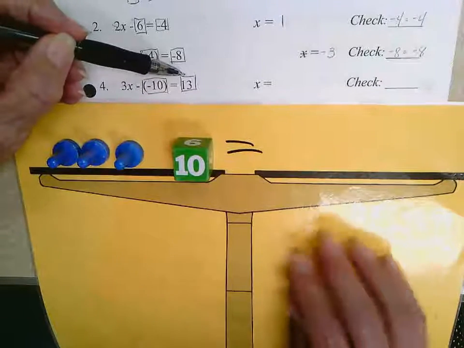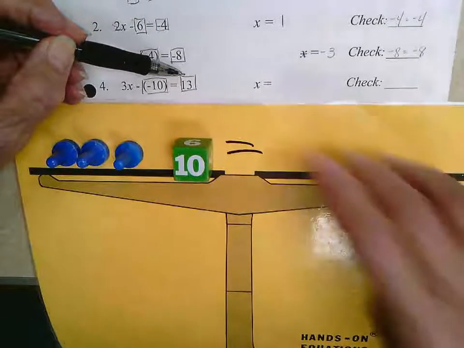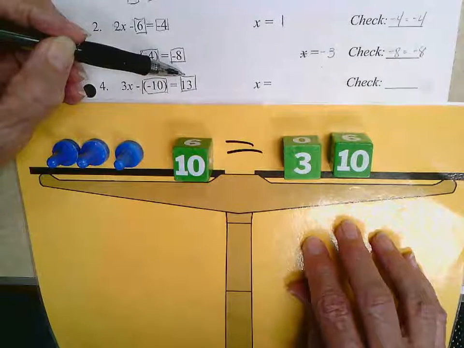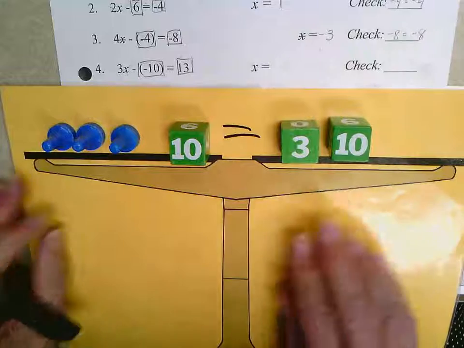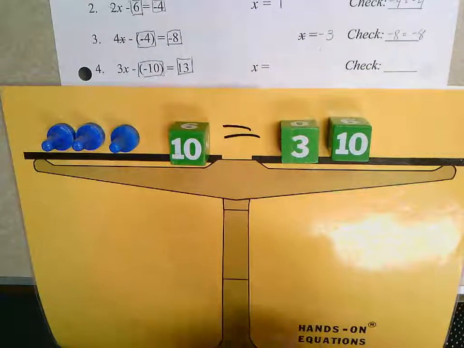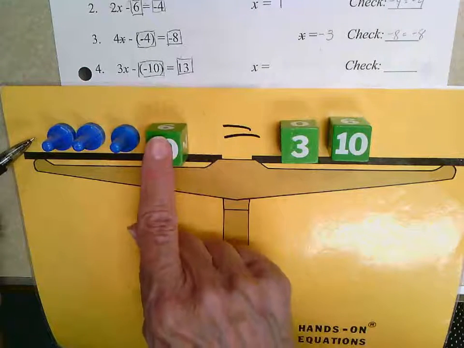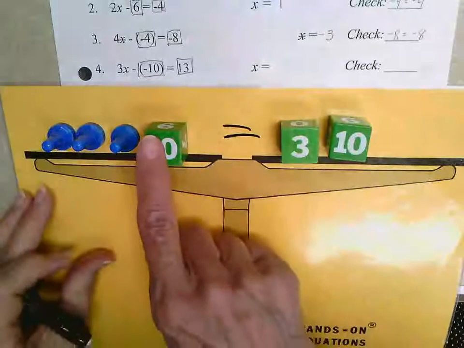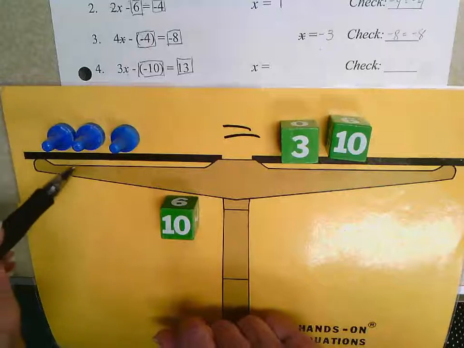On the other side, I need to have 13. So I'm going to represent that with a 10 and a 3. Well, this is great. I've got green blocks on both sides. That's nice. But I've got pawns on this side and a block, and only blocks on this side. So I want to slide this block down so I only have pawns left.